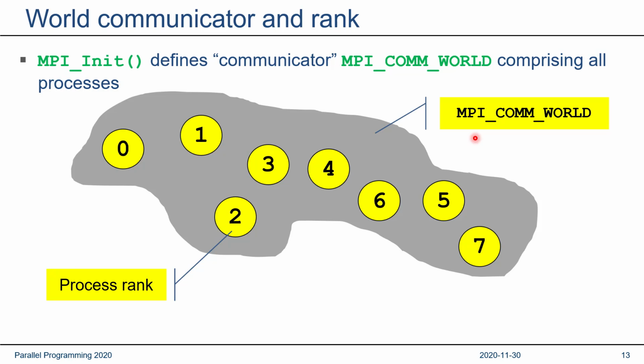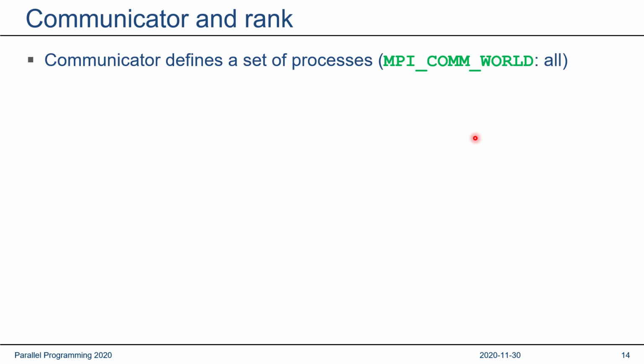Within the communicator, processes are identified by a so-called rank, which goes from 0 to number of processes minus 1, in the same way that OpenMP threads are numbered from 0 to number of threads minus 1. So pretty much the same concept.